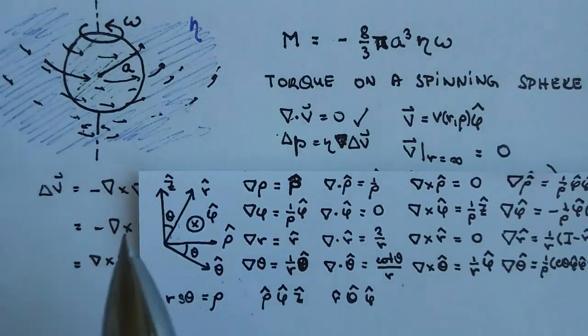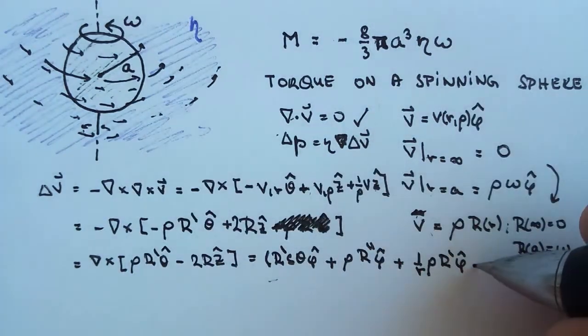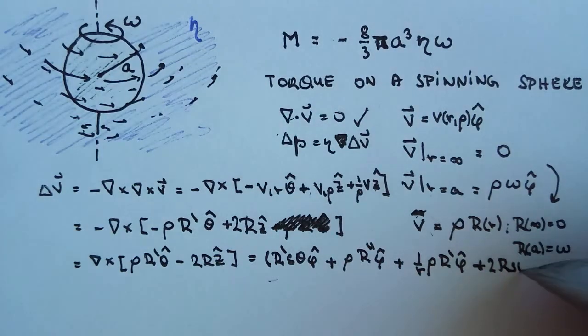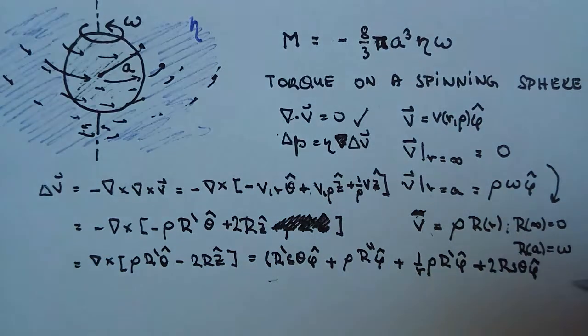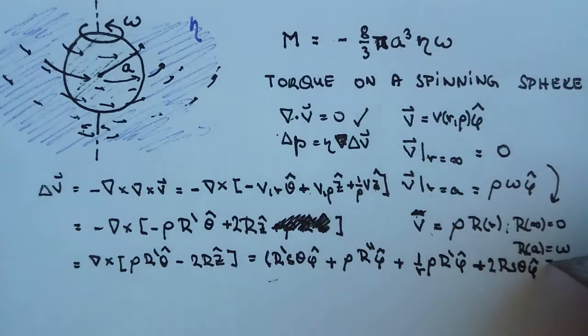R cross z is in the negative direction of phi, so it should be minus, minus, and minus. It will give plus sine plus 2 r sine theta of z of phi vector, and the curl of z is 0.